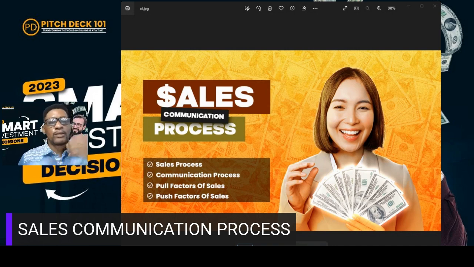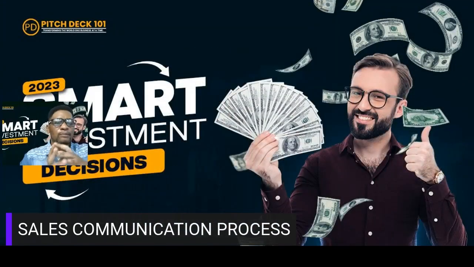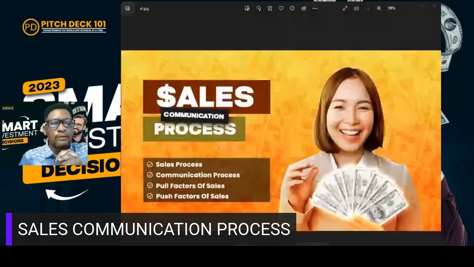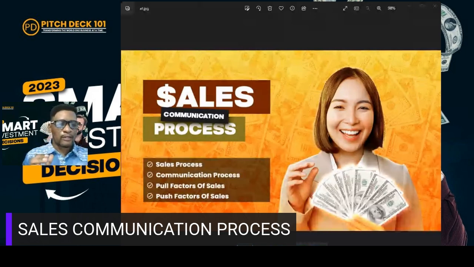Now, there are four important takeaways that it is necessary that you get when we talk about the sales communication process. On the screen, I'm going to put up a slide. And the very first concept that you want to take away here is to recognize that one is a sales process and there's a communication process.